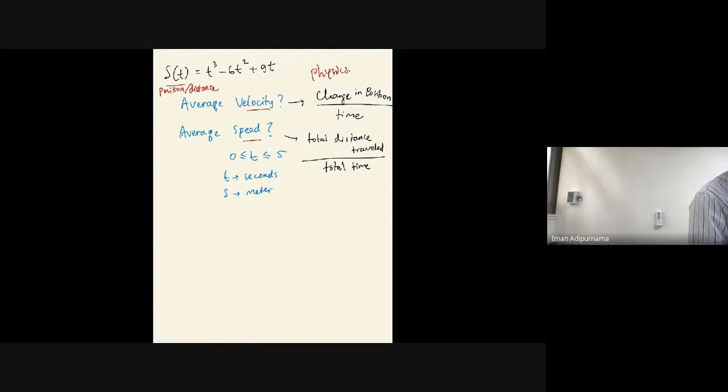For average velocity, it's just change in position over change in time. So you can write this average velocity as s(5) minus s(0), divided by 5.